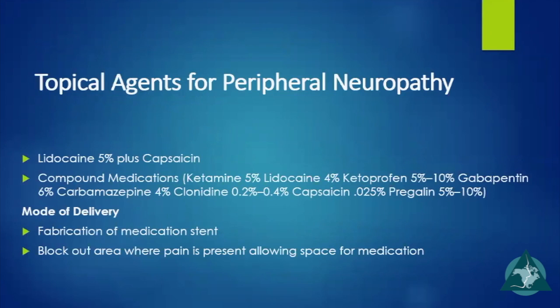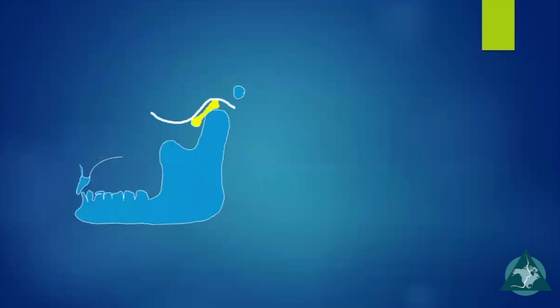Topical agents are used for management of peripheral neuropathy, in which we use lidocaine 5% plus capsaicin, and also sometimes compound medications. This animation will illustrate the mechanism of action of peripheral neuropathy.